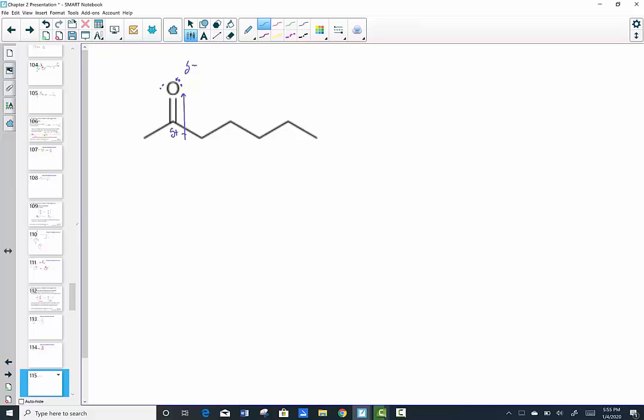So that means in terms of resonance, the pi bond can collapse and form sets of dots on the oxygen. 1, 2, 3, 4, 5, 6, giving us a single bond to oxygen, giving us a negative formal charge on O and a positive formal charge on carbon. These two are in resonance. This would be a major contributor, no formal charge. This would be a minor contributor due to the formal charge.